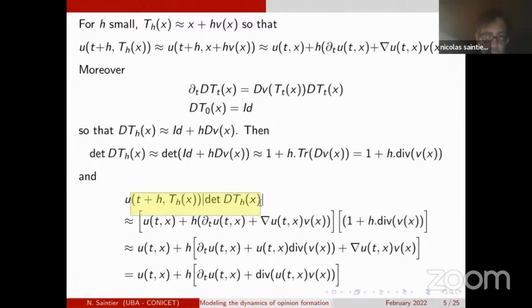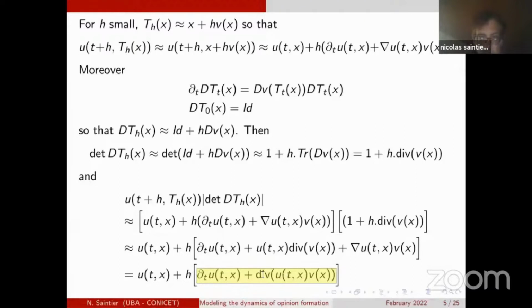So we put them together, just rewrite things a little bit. And here we've got the order h term, which is exactly my transport equation. Yeah, the time derivative of u plus divergence of v times u. Okay, and you see it comes very easily, right?